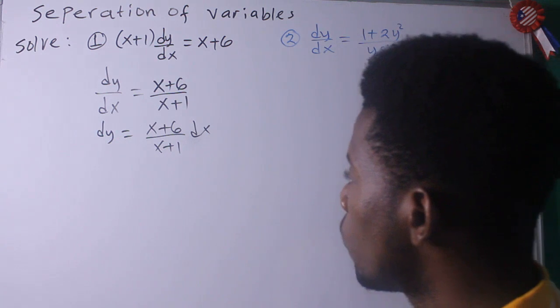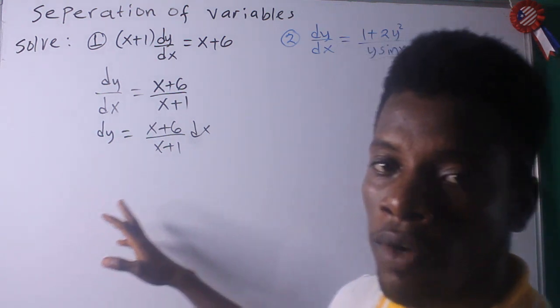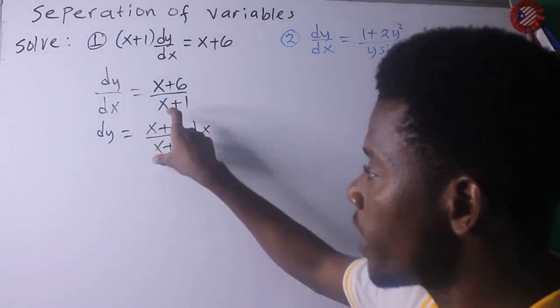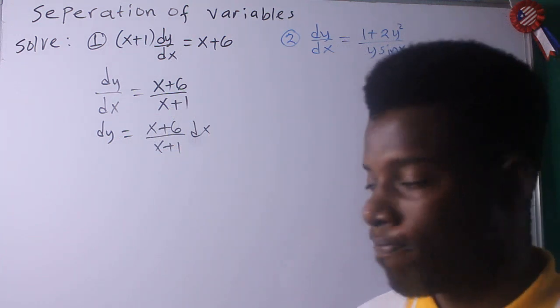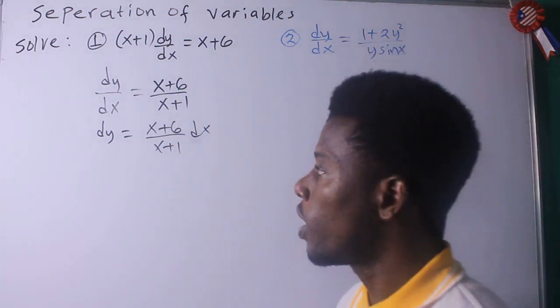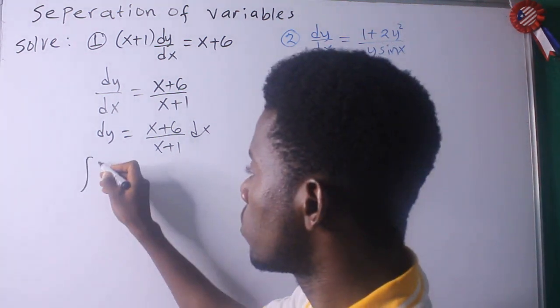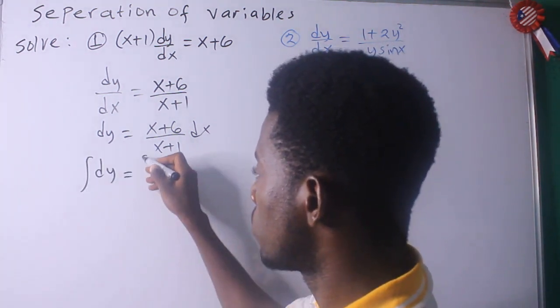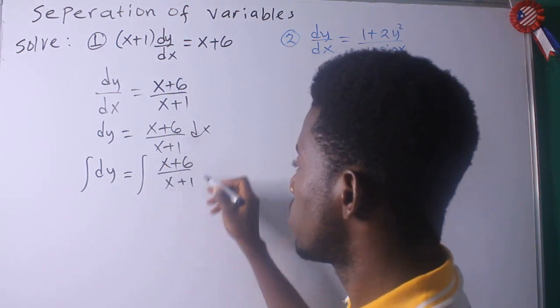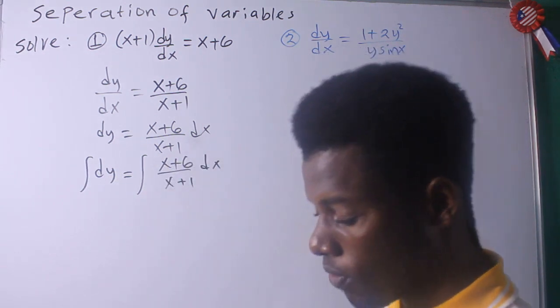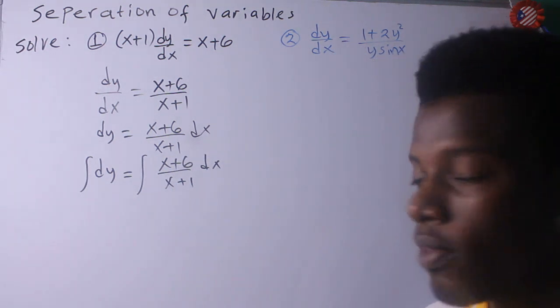We now have dy on one side of the equation, and an expression in terms of x and dx on the other side. So from here we can integrate both sides. So we have the integral of dy is equal to the integral of (x + 6)/(x + 1) dx. Great. So the integral of dy is just y.